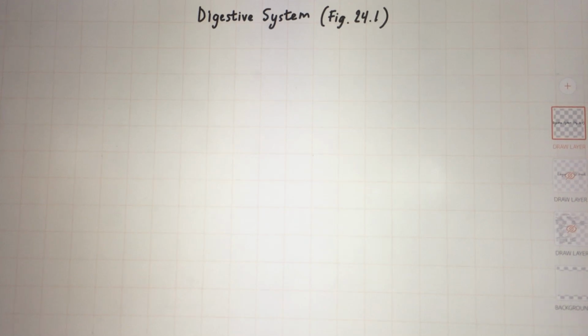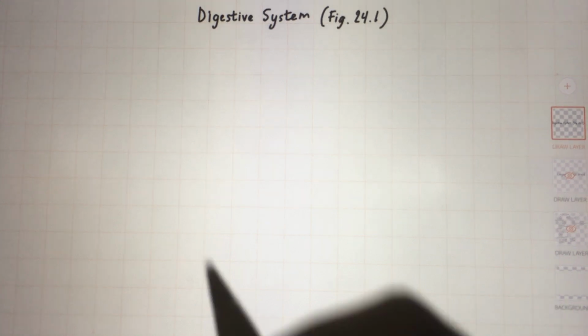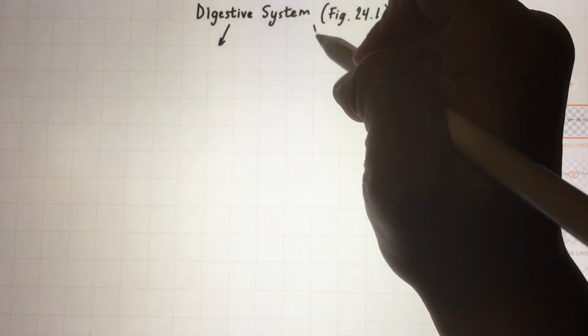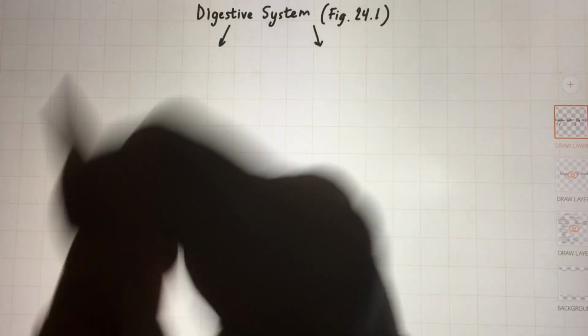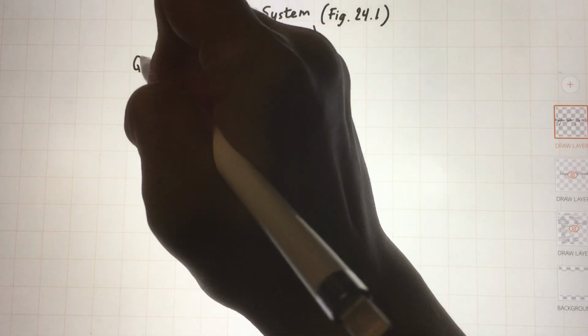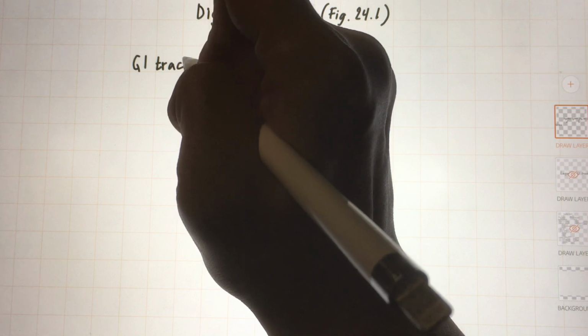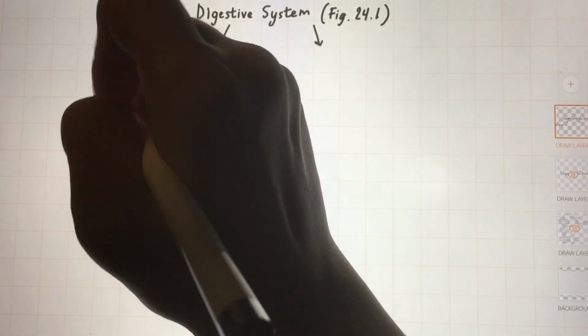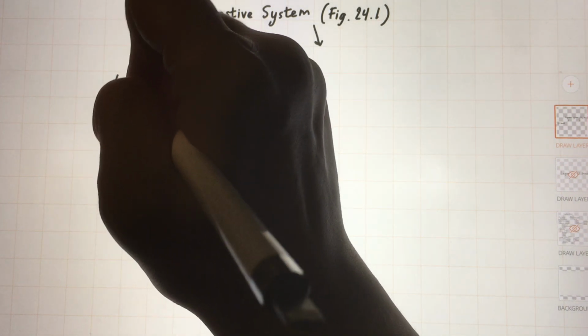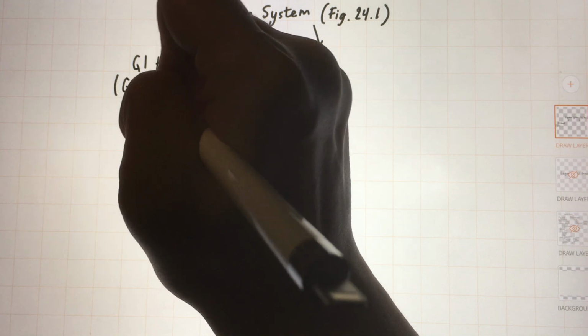This first set of notes is on the anatomy of the digestive system as depicted by figure 24.1. The digestive system is divided into two parts anatomically. The first part is called the GI tract, also known as the gastrointestinal tract. Gastro stands for the stomach.